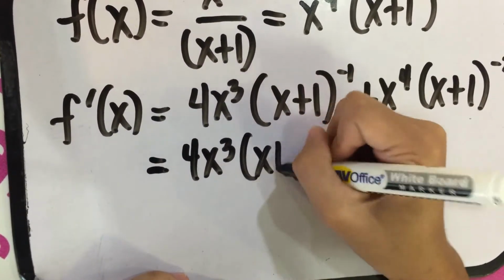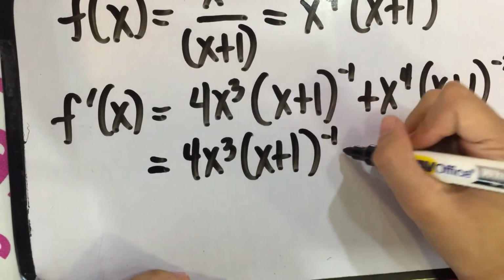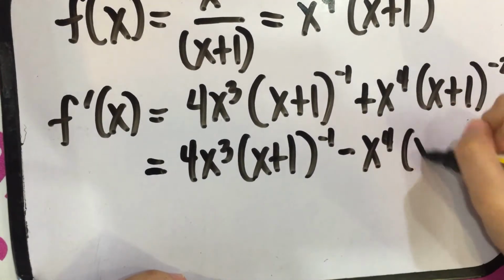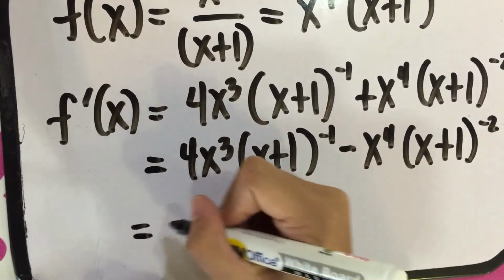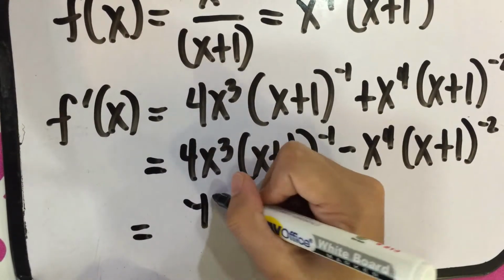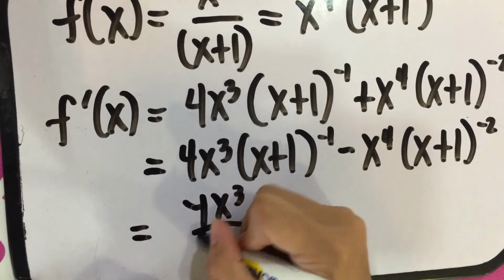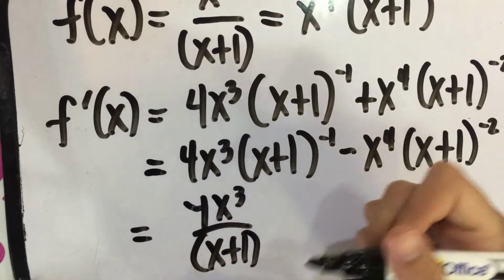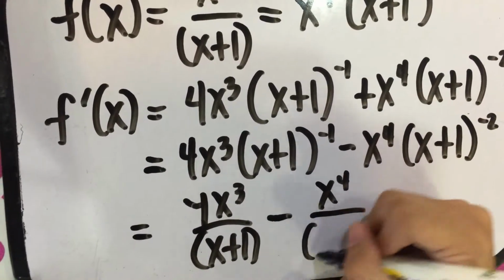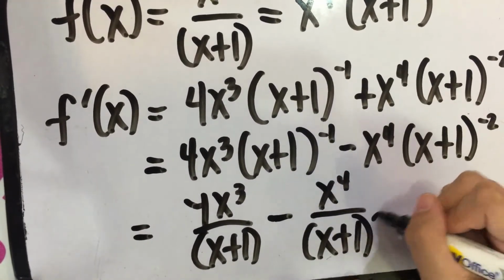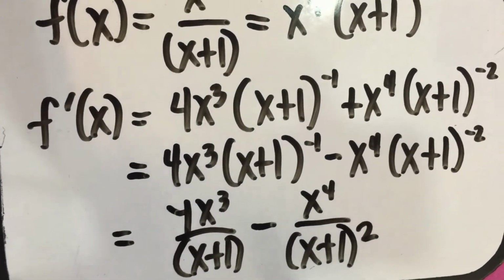So the next we're gonna do is 4x cubed times x plus 1 raised to negative 1 minus x raised to 4 times x plus 1 raised to negative 2. So now what we're gonna do is equals 4x raised to 3 over x plus 1 minus x raised to 4 over x plus 1 raised to 2.